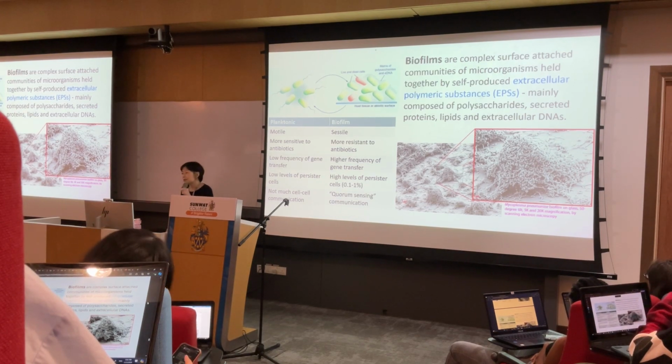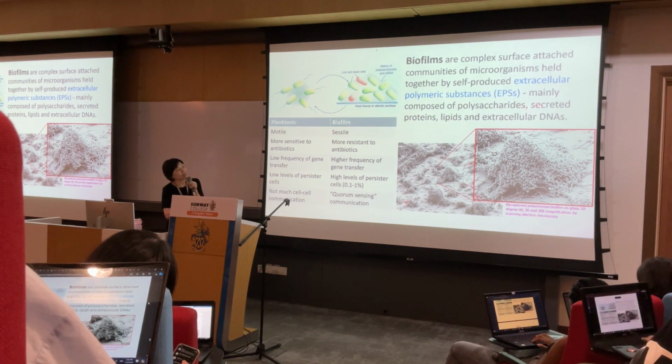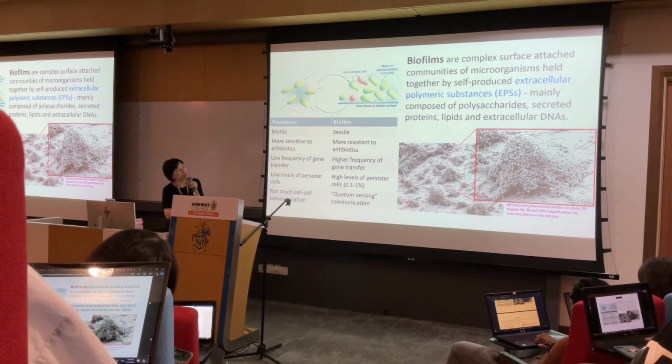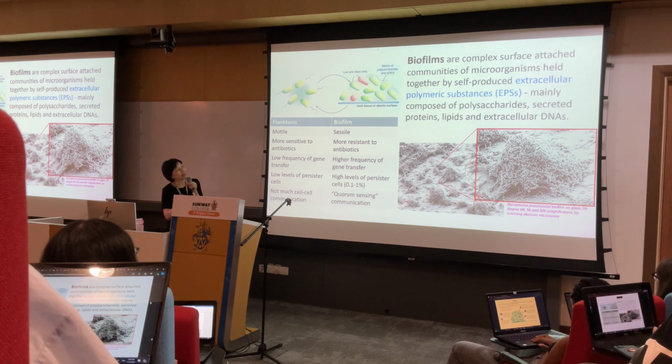What is this extracellular polymeric substance? The biofilm not only has the cells, plus with all of this, it has polysaccharide, secreted protein, lipid, and extracellular DNA. So you need to include the DNA present, forming a very complex matrix inside the biofilm.